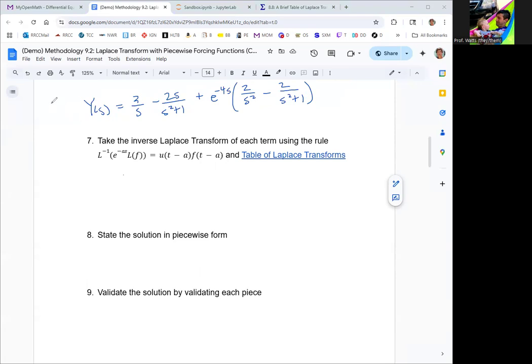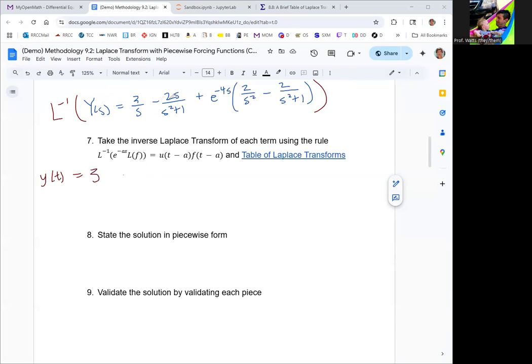Right, so when we go in and take the inverse transform, it's going to be the inverse transform of the whole thing. The inverse transform of big Y of s just gives you y of t. When we do the inverse transform of 3 over s, remember the inverse transform of 1 over s is 1, and so the inverse transform of 3 over s is 3.